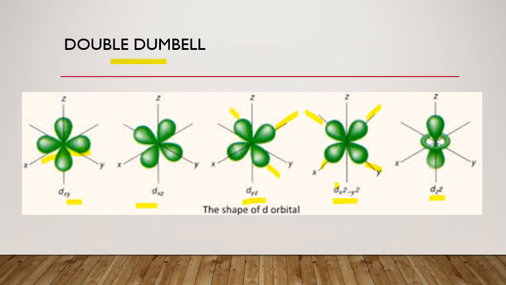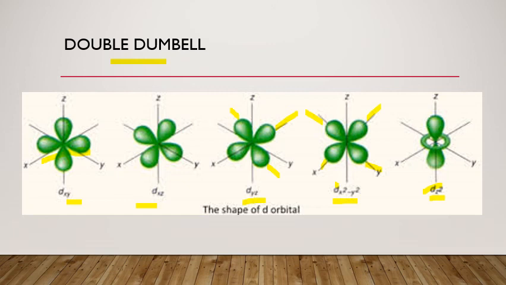And dz square means on the z direction we have the double dumbbell. How is it represented? One you can see on the axis, that is z. The other lobe is also on the z axis, but it is rotating. Here you can see one is rotating around and one is on the axis.